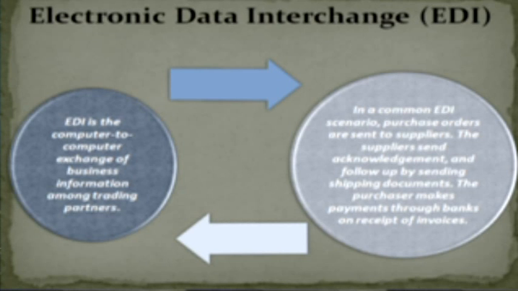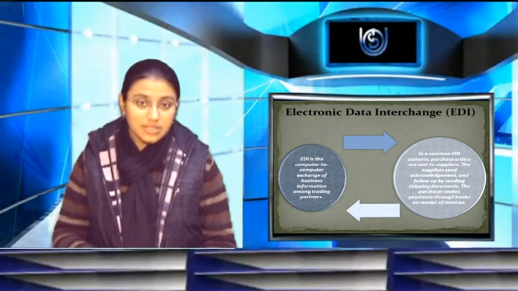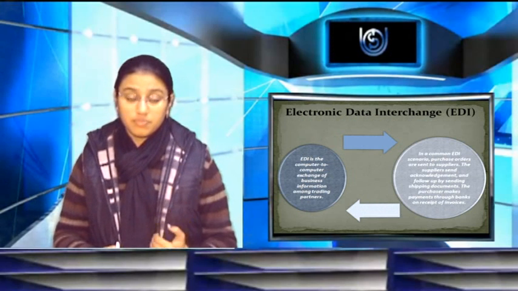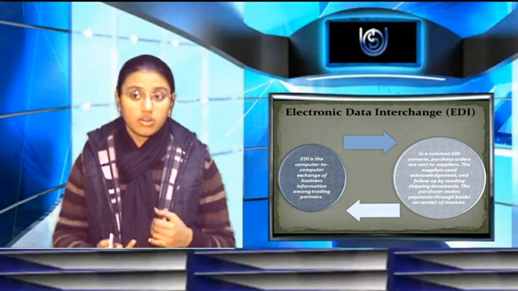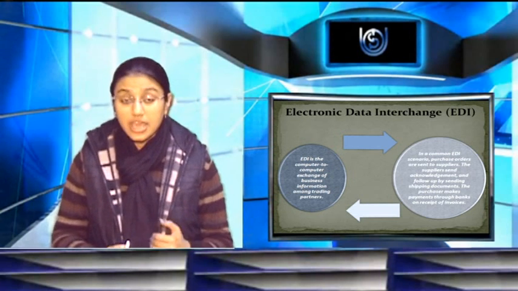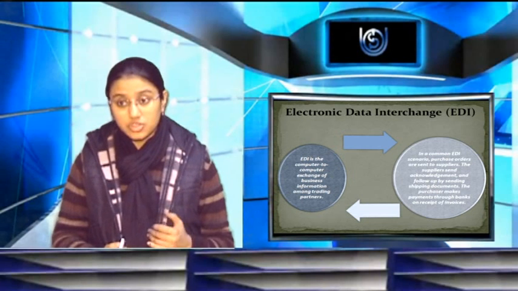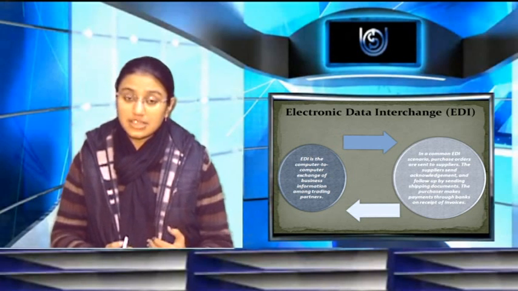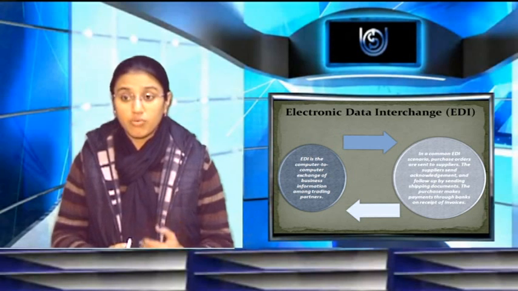In a common EDI scenario, purchase orders are sent to the suppliers. The suppliers send acknowledgements and follow up by sending shipping documents. These purchase orders, acknowledgement letters and shipping documents are the documents which complete all the exporting and importing formalities.